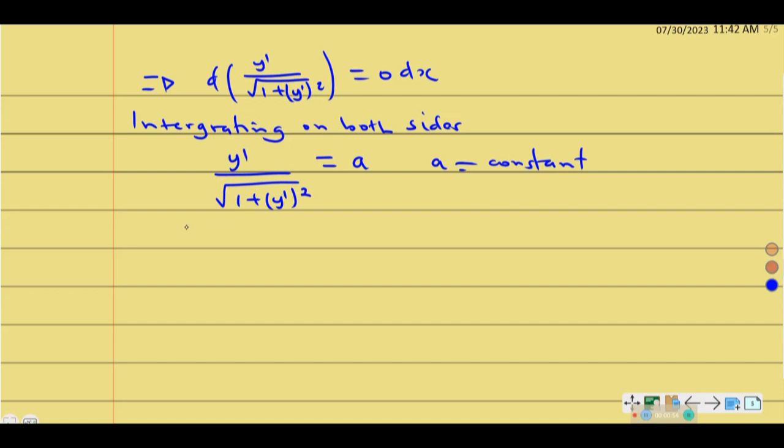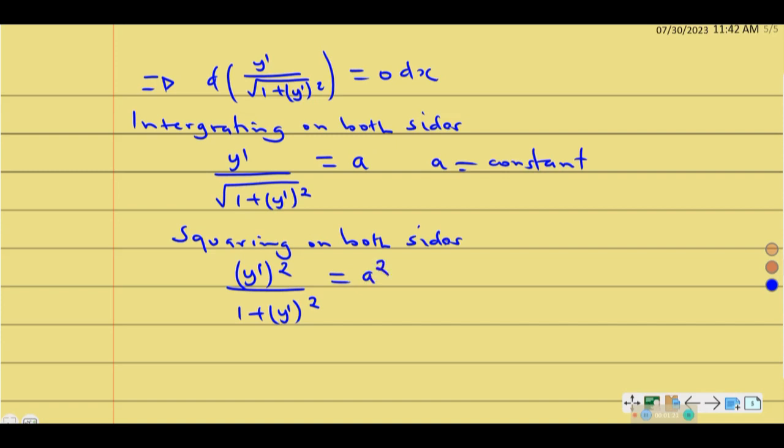So for that case, let us try to manipulate this equation. Let us square both sides. So squaring on both sides, we shall be able to obtain y' squared over 1 plus y' squared. The square root will go with the square, and a will also be squared. So this will give us a squared.